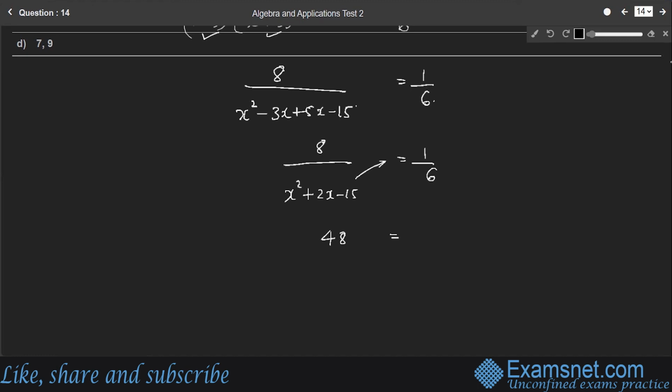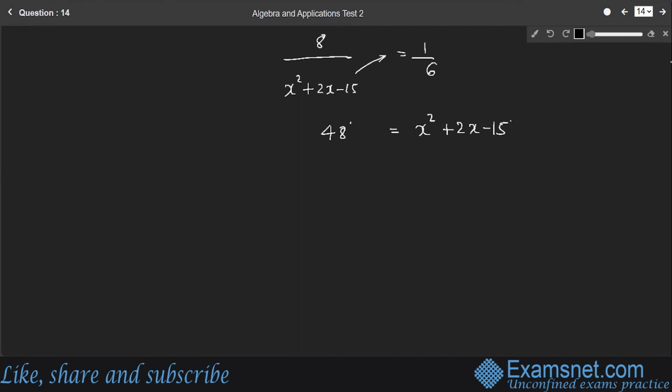Take 48 to the quadratic equation part, so it becomes minus 48. Therefore, the equation becomes x square plus 2x minus 15 minus 48 is equal to 0, so x square plus 2x minus 63 is equal to 0.